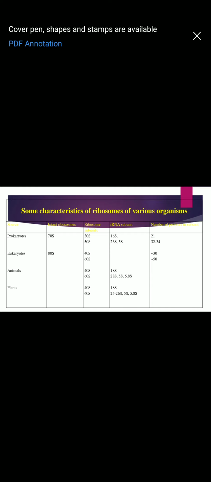In case of plants, the 40S is composed of 18S, and the 60S has ribosomal RNA of 25 to 26S, 5S and 5.8S. If we talk about the proteins, the 40S has 30 different proteins present in it, and the 60S has 50 proteins present in it.